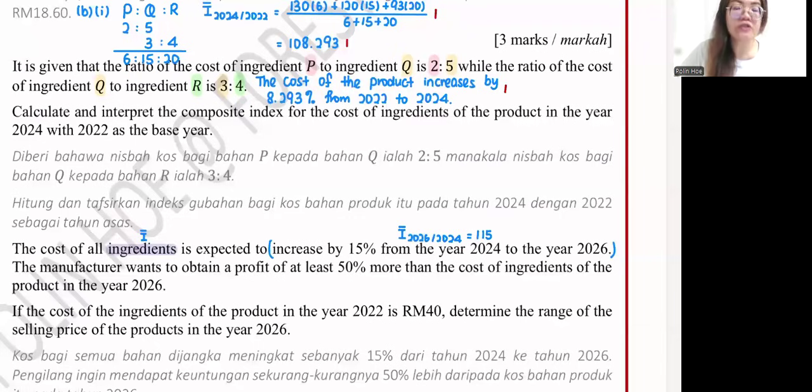Next, the manufacturer 发展商 wants to obtain a profit. 记得 how do you get profit?